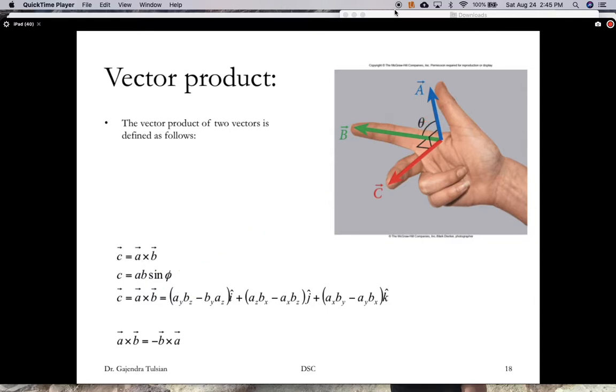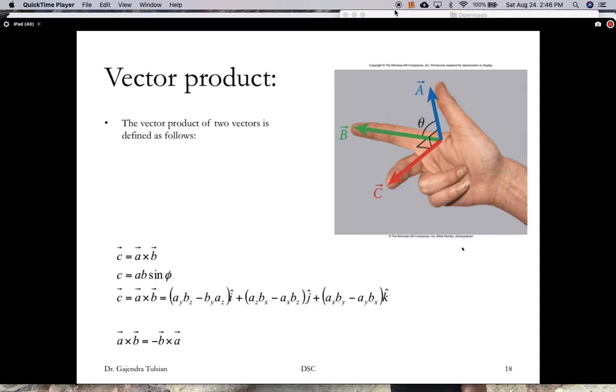That's meant to be the same angle. Now here is the cross product, also called the cross product, in terms of components. So the vector C is given by (AYBZ minus BYAZ) i, (AZBX minus AXBZ) j, (AXBY minus AYBX) k. So there is the cross product.